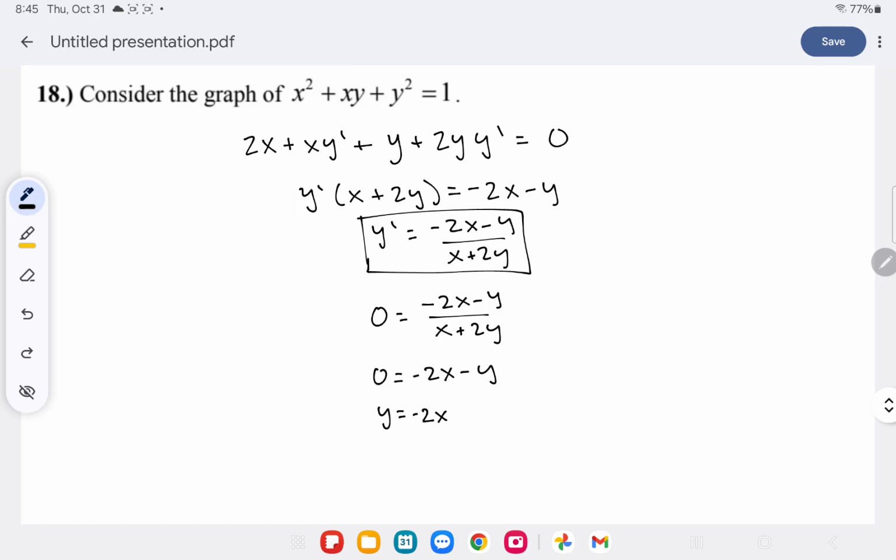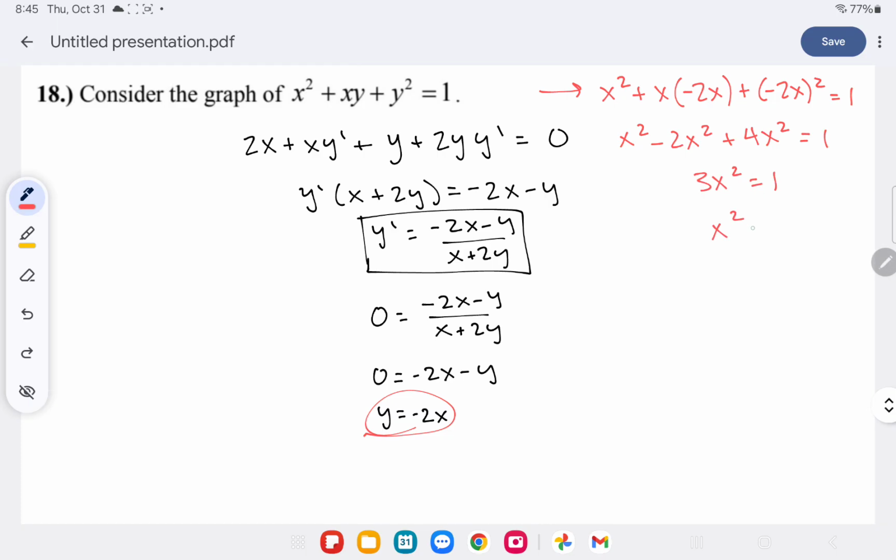And if y equals negative 2x, I'm going to substitute that back into the original. So anywhere where there's a y, I'm going to put a negative 2x instead. So I have x squared minus 2x squared plus 4x squared equals 1. So that's 3x squared equals 1.